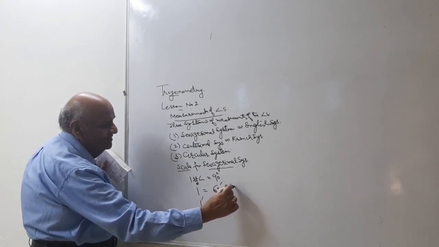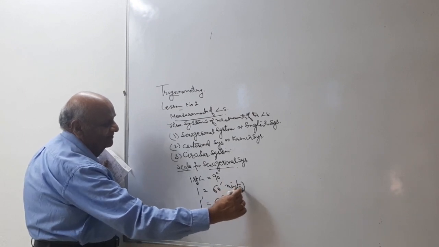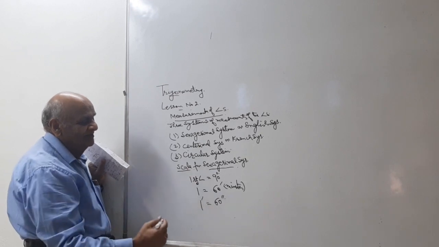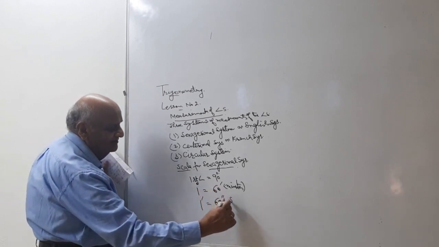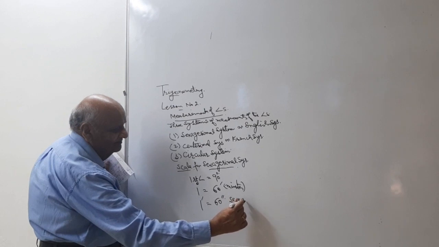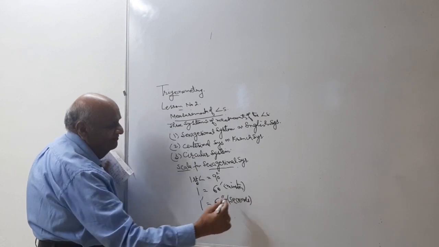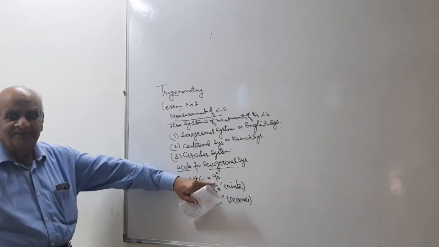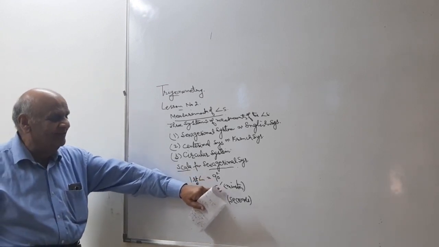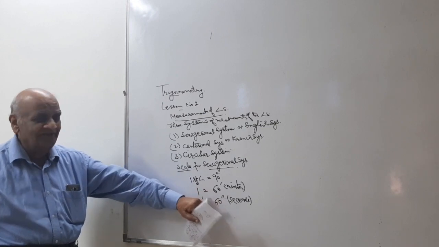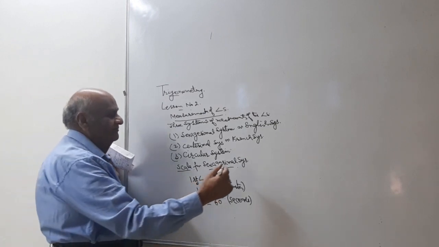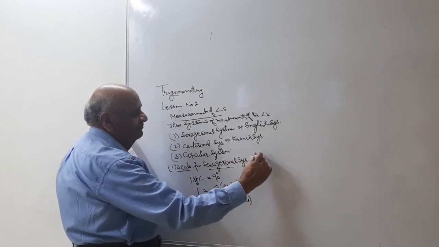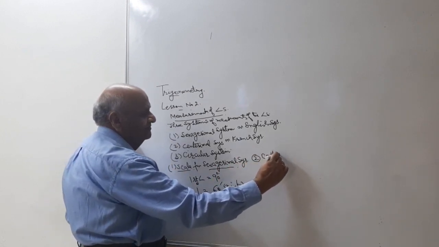This is minutes. That is the smaller of the angle degree. Degree ka small hai ye, that is a minute. And smaller than this we have seconds. The smaller of minute is the second. The biggest is taken as degree, then we have the minute, and then smaller than this is the second.